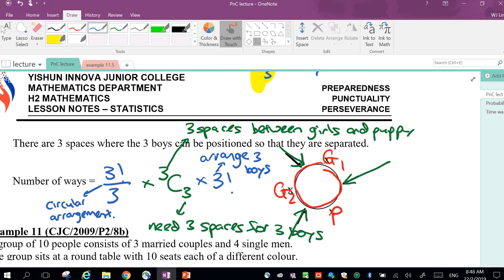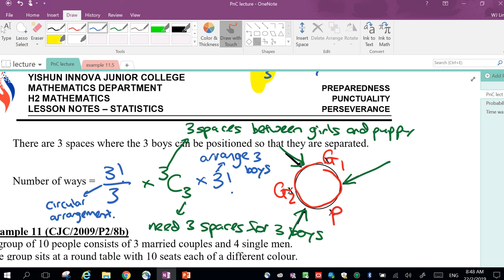The 3 boys you take out, then the 2 girls and the puppy, so 3 factorial over 3. Then you slot in the 3 boys in between. This is the slot in method. There are 3 spaces available. You need the 3 spaces for the 3 boys. Then you times 3 factorial because you need to arrange the 3 boys. Clear? I just put circular arrangement in front.